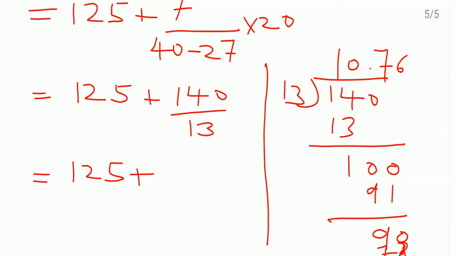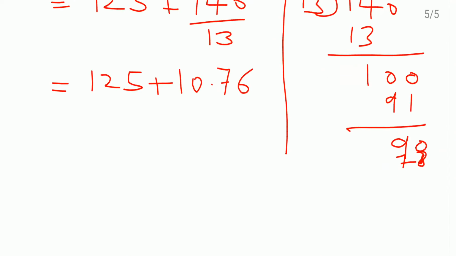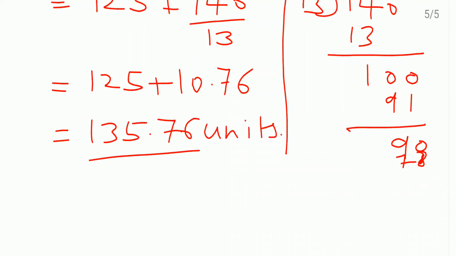No need to do the subtraction, we just want the answer to 2 decimal places. So here 10.76. Now after doing the addition, we get 135.76 units. So this is the maximum consumption, that means the mode of the data.